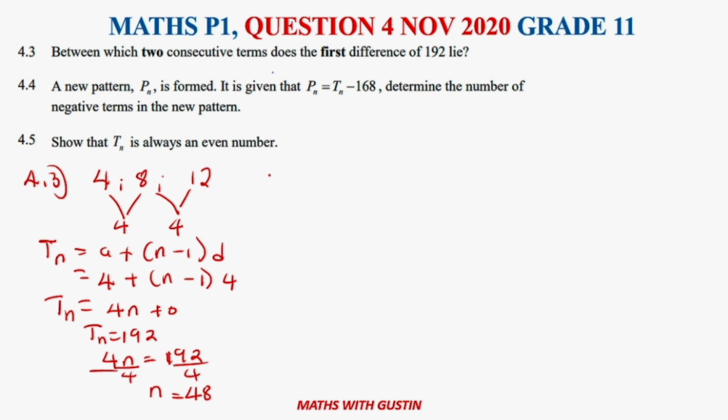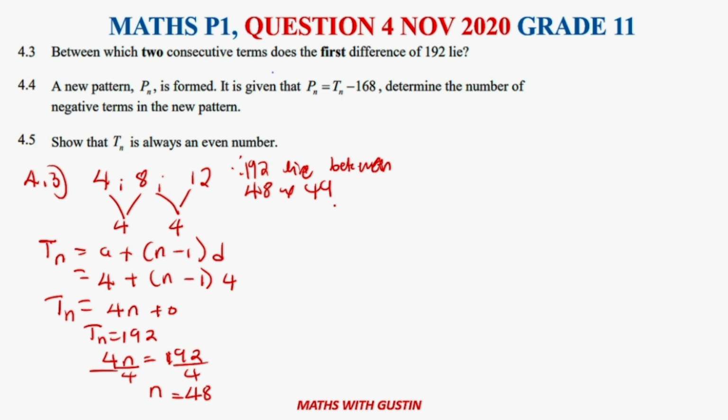Therefore it means this number should lie. So we're gonna come here and say therefore 192 lies between, as the question has asked us, guys, we need to write the question, lies between 48 and 49. All right, great stuff.